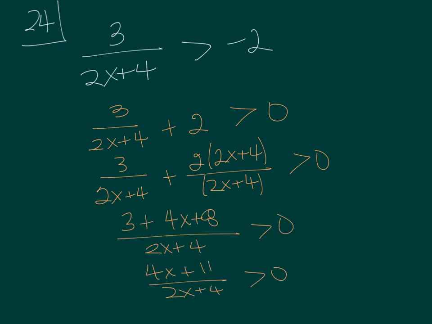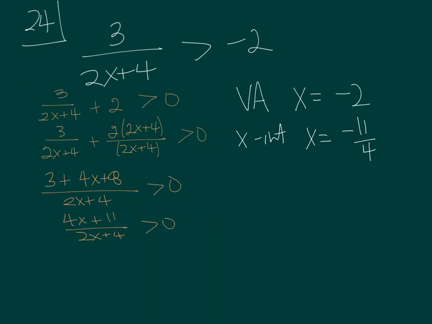So my top is 4x + 11, and my bottom would be 2x + 4. So now I'm going to find out for this function where it's actually above 0. Looking at this function, the x-intercept happens when the numerator is equal to 0, so the x-intercept is negative 11 over 4. And the vertical asymptote happens when the denominator is 0, so that's at x equals negative 2. I'm going to set up a table now.